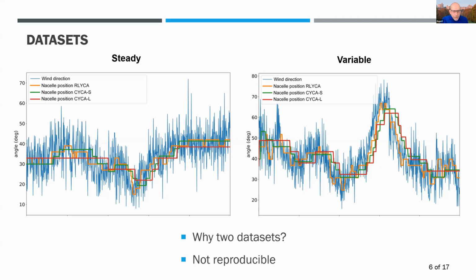The orange line is the result of the reinforcement learning algorithm compared with the other lines, which are more traditional controllers. I think they split into two different data sets, I'm not quite sure why, but probably because maybe they couldn't get it to work on the general data.